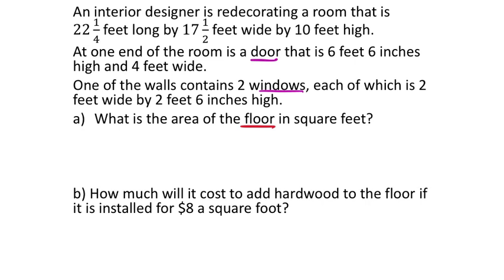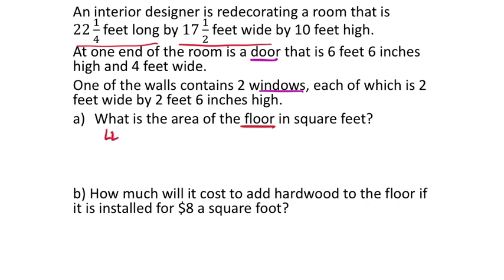That is not floor space. And we don't even care about the ceiling stuff, right? So when it talks about the floor, we are dealing with the 22 1/4 feet long by 17 1/2 feet wide. The 10 feet high would be applicable for the walls, which would include the door and the windows, which we don't want and don't care about right now. So that's what we want. We got the area of the floor.